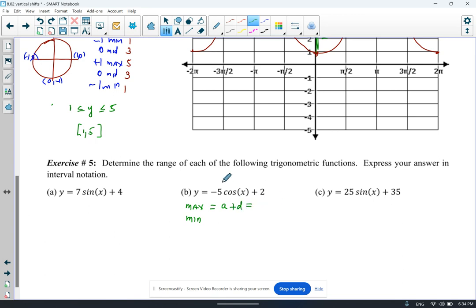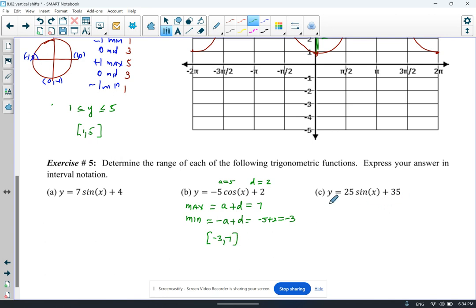So the amplitude is 5 and the vertical shift is 2. So that would be 7. And the minimum value of the graph is negative the amplitude plus the vertical shift. So that would be -5 plus 2 or -3. So in interval notation, the range is -3 to 7.